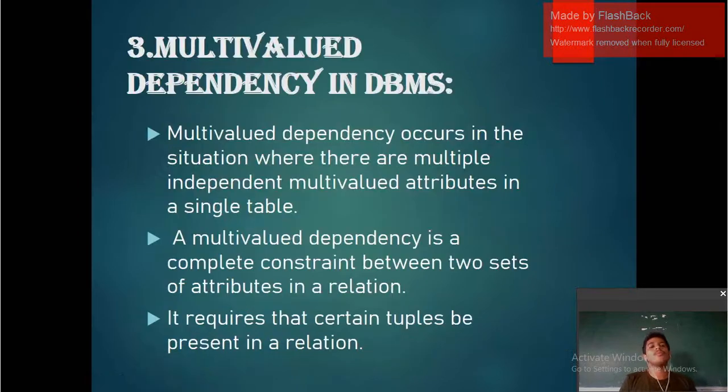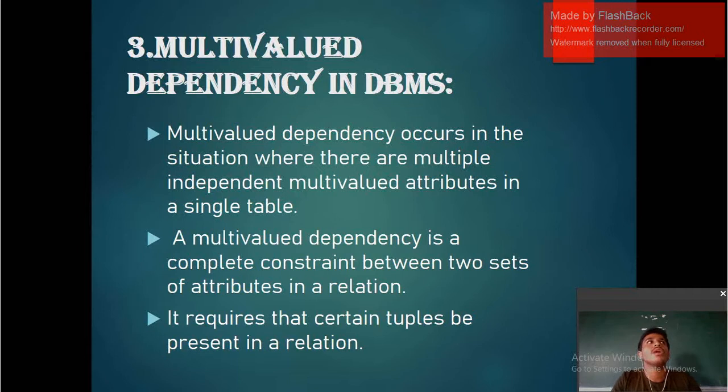And next one, we are moving to multi-valued dependency. Up to now we discussed trivial and non-trivial, but the multi-valued dependency is somewhat different from these both. So let us see what a multi-valued dependency is.